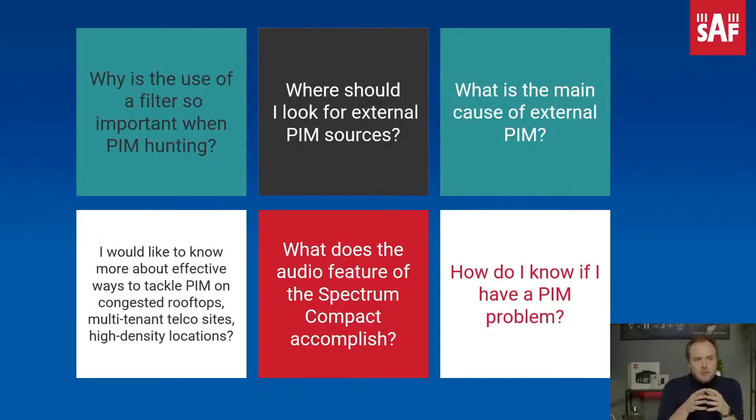If we're talking about rooftops, those can be some rusty metal parts on the roof, parts of the roof itself, or railings on rooftops, or even some sort of loose metal parts, some parts used for attaching cables, for example, to the poles, which are basically somewhere near the base station antennas.